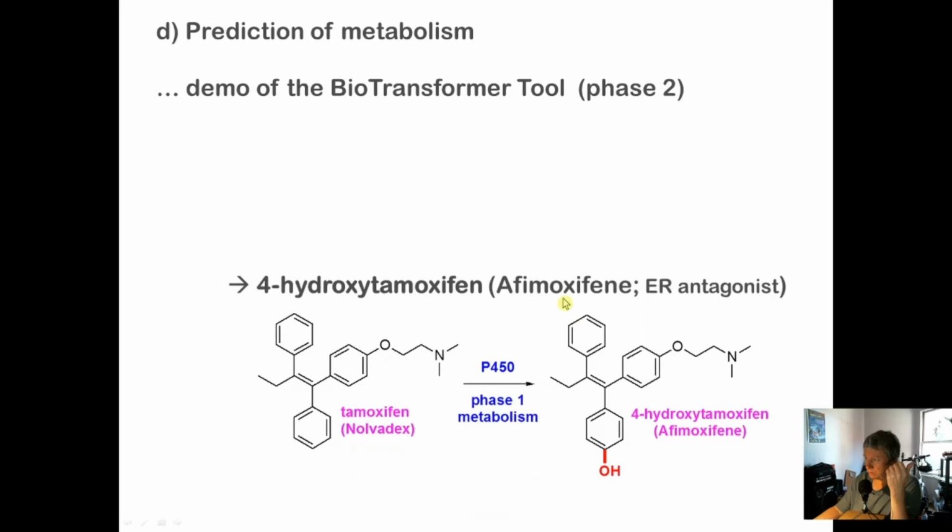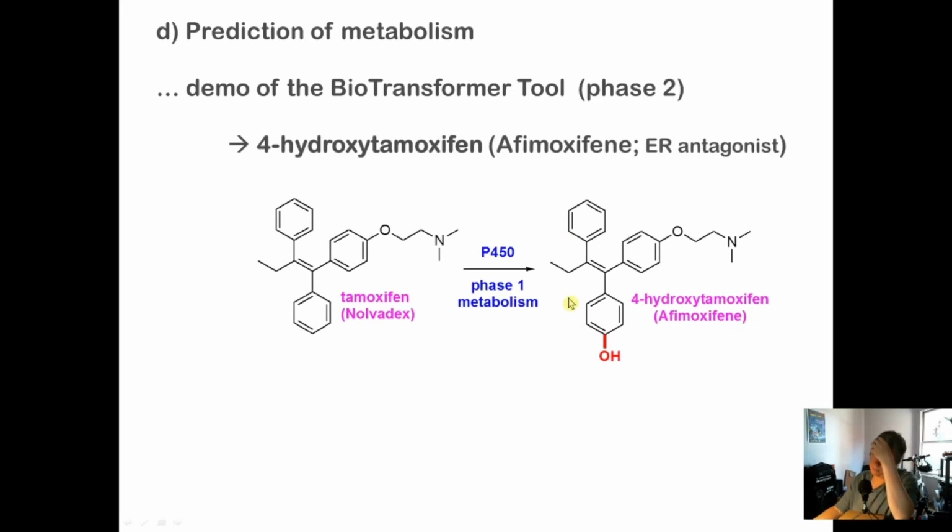So let's look at this molecule, 4-hydroxytamoxifen. Remember, tamoxifen itself is used as a drug for breast cancer. It's an estrogen receptor antagonist. But you might remember, when we learned about this, well before we learned about metabolism, I did mention that this molecule itself is not active.